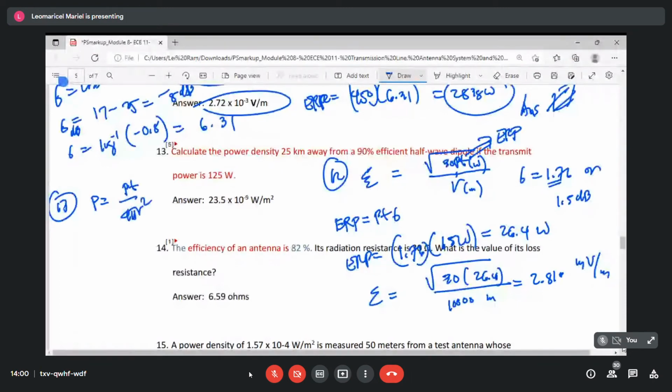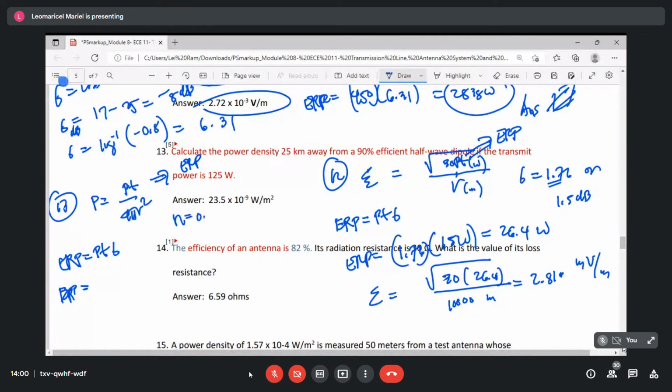So since meron ka na namang half-wave dipole, you need to convert that PT into an ERP. Okay? ERP is equals to PTG. So the ERP therefore is equals to half wave na naman, no? Eh kaso 90% efficient lang siya. So meron siyang efficiency na binigay that is equals to 0.9.